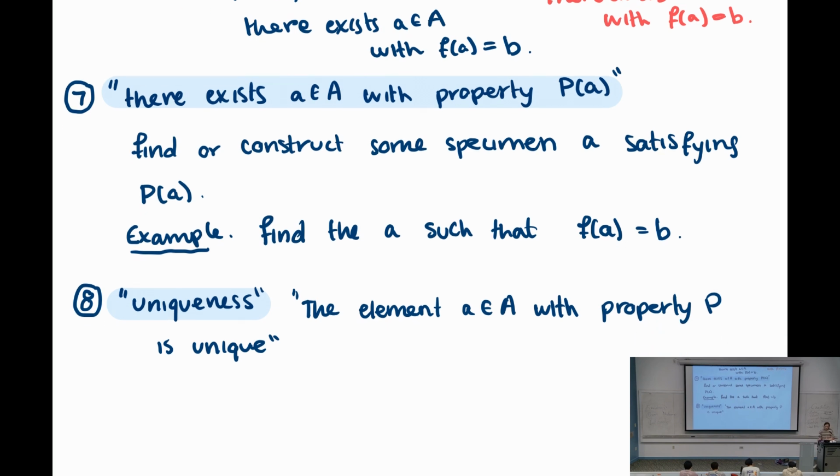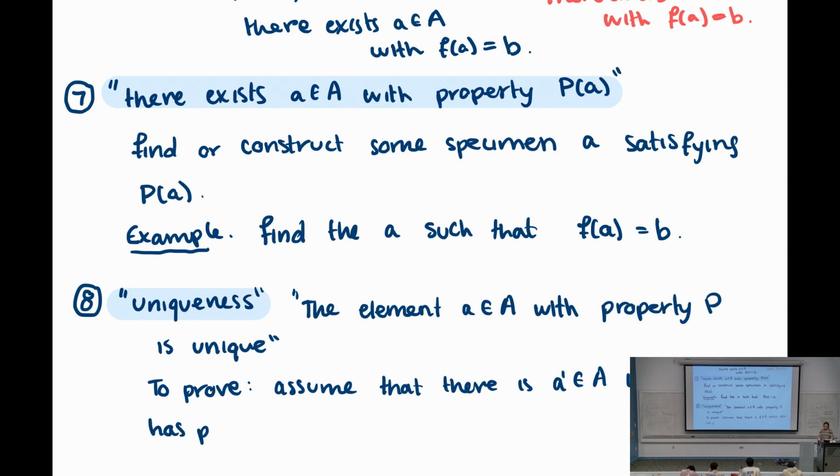the way that you would prove this is that you would assume that there's some a prime in A which also has the property P. So you would make this assumption and then show from that that a and a prime are actually equal.